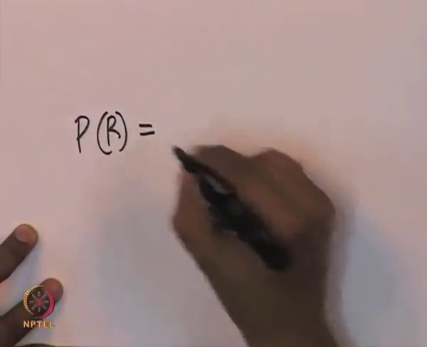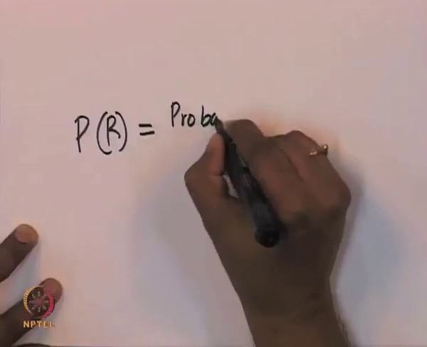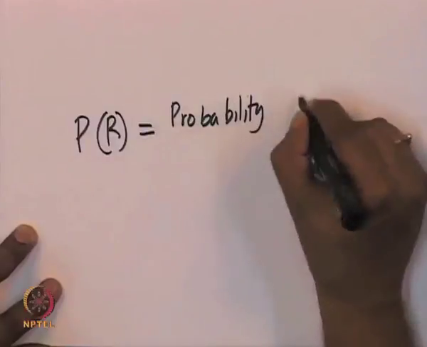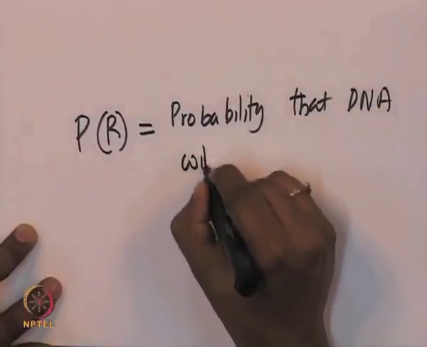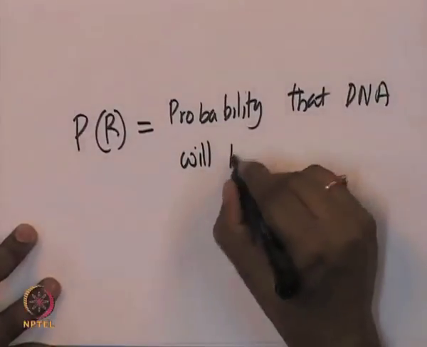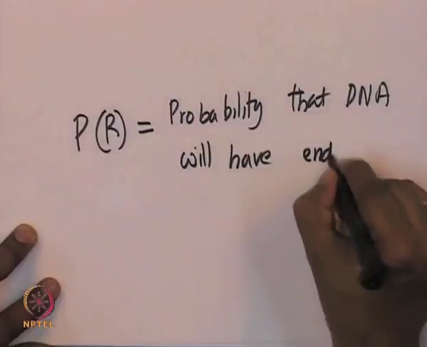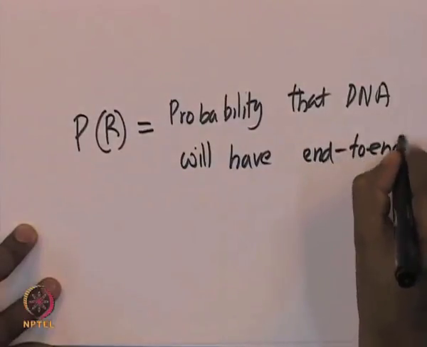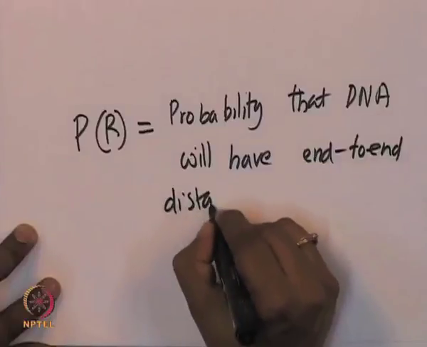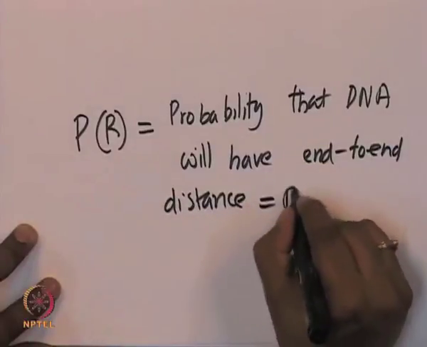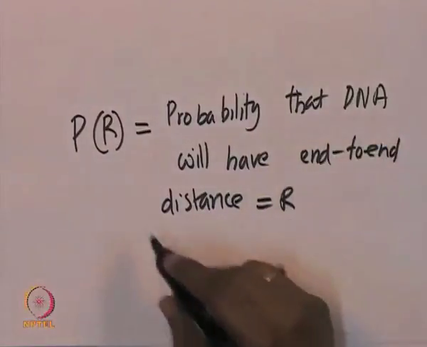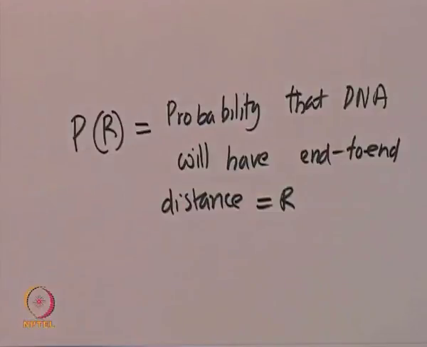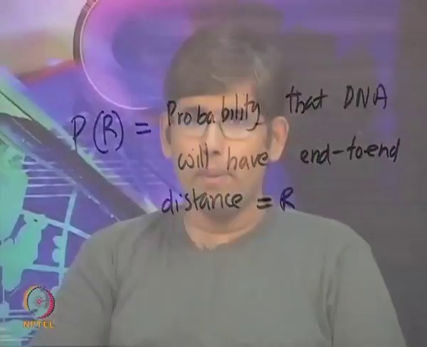So, this is basically the probability that DNA or protein or any polymer will have end to end distance equal to r. This is applicable for DNA, protein and all that. So, what is the probability that two parts of the DNA or protein will be r distance apart? Even in the case of protein, this is very important.